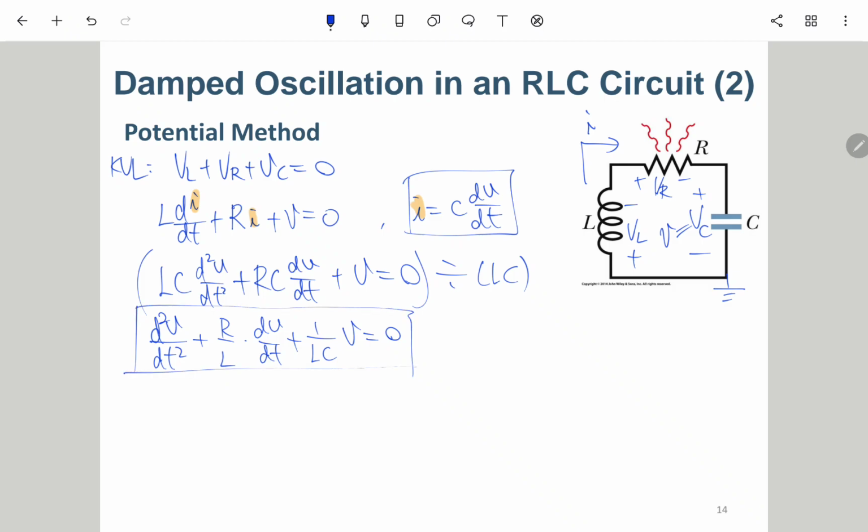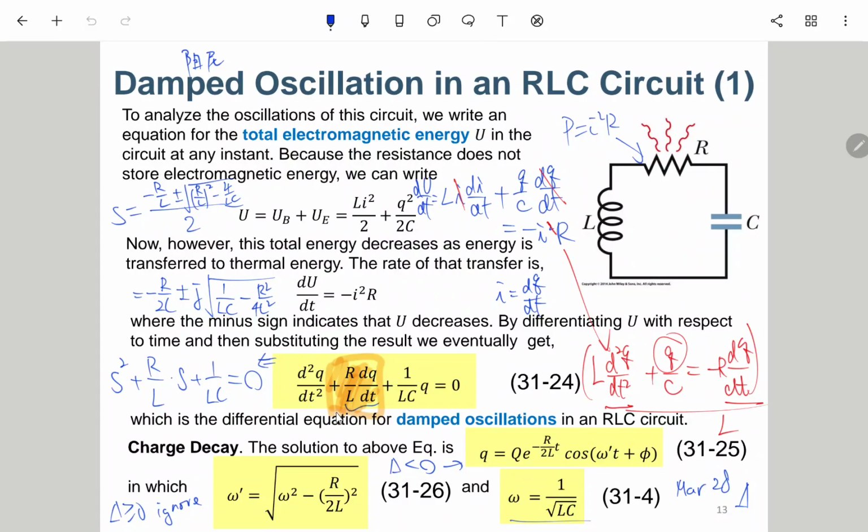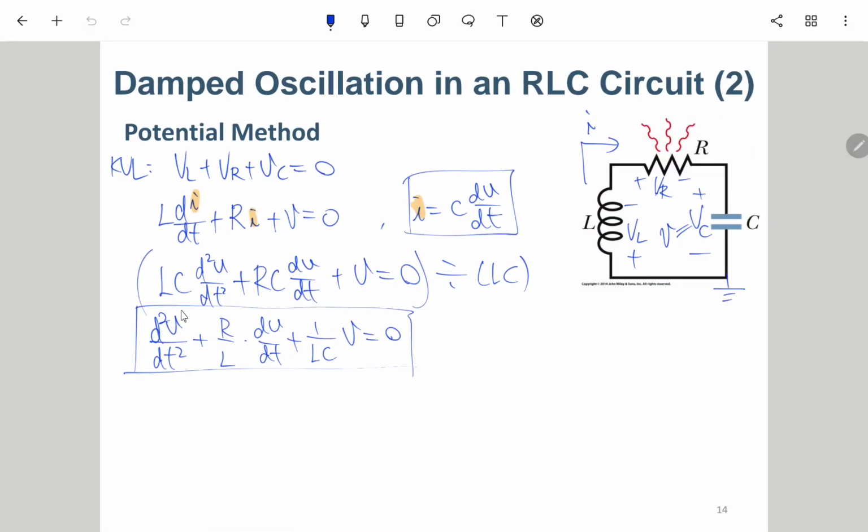This is what we need. It has the same coefficients 1, R over L, 1 over LC as the previous one, although that one is Q and this is V. Just as I mentioned last time, as this is a linear system, you can arbitrarily substitute any variable in this circuit and it will also satisfy.